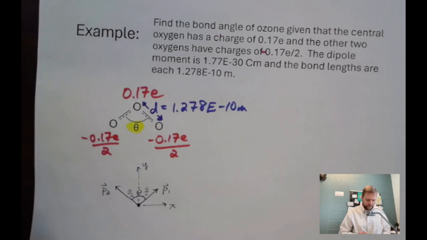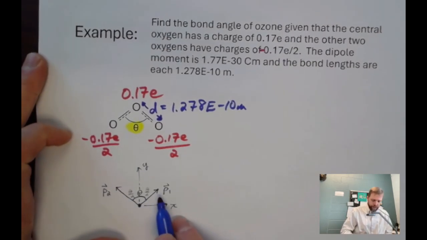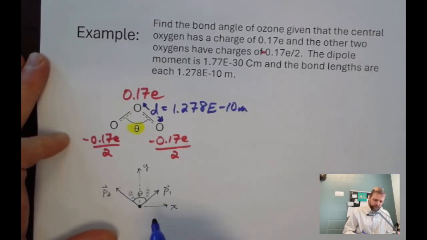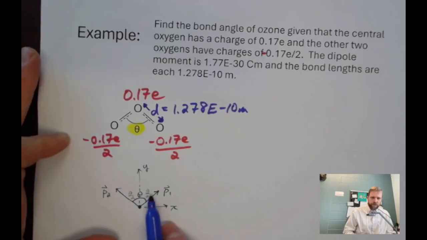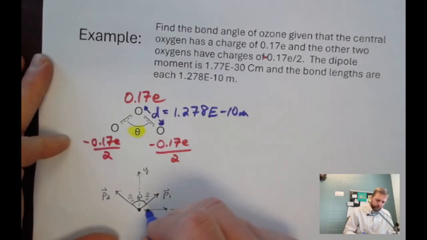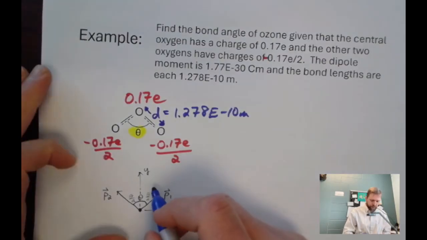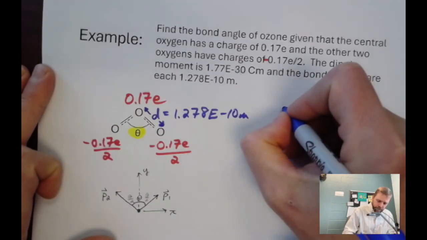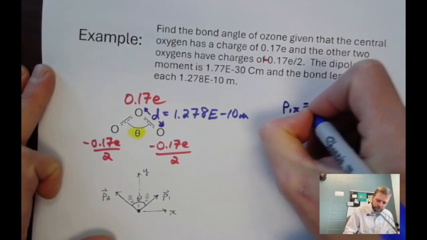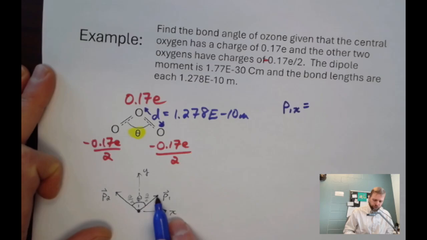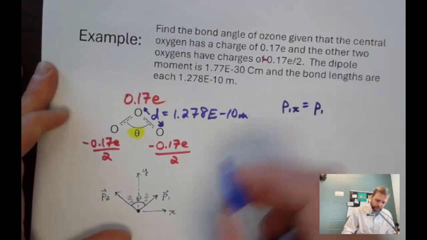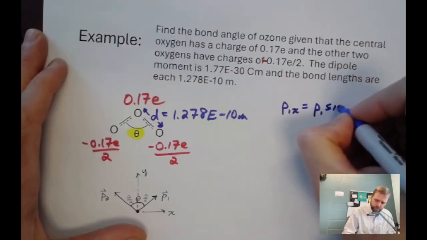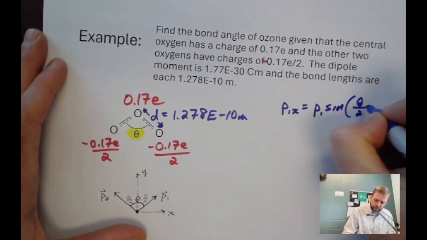Let's add these together. For P1, I need to find the x and y components. Hopefully you see that these are mirror images of each other. The x component of P1, which we'll call P1x, is based on the sine of this angle, so it equals P1 times the sine of theta over 2.